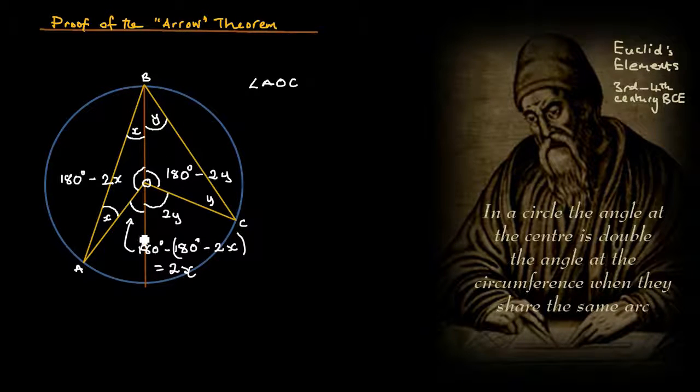Okay, so the angle at the centre is, well, now 2x plus 2y. And the angle ABC, so the angle at the circumference, is, well, it's just x plus y.